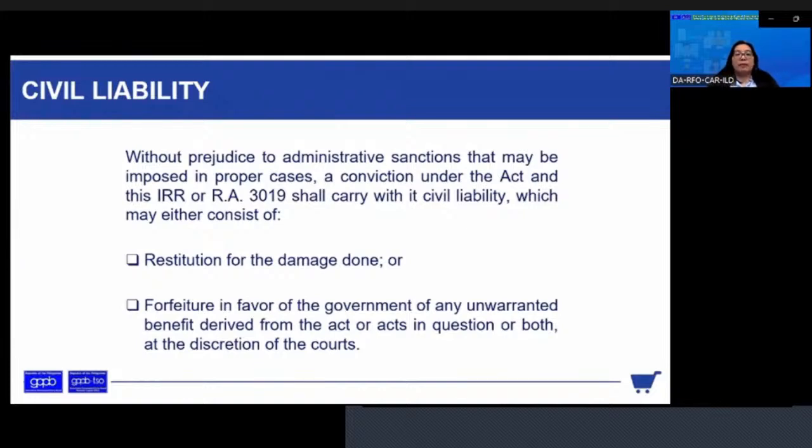And this may consist in the restitution of the damage done. No? Ibig sabihin, ibalik niya, restitution, di ba? Ibalik niya yung damage na yan or iayos niya. And the second one would be the forfeiture in favor of the government of any unwarranted benefit which is derived from the acts in question or both at the discretion of the court.